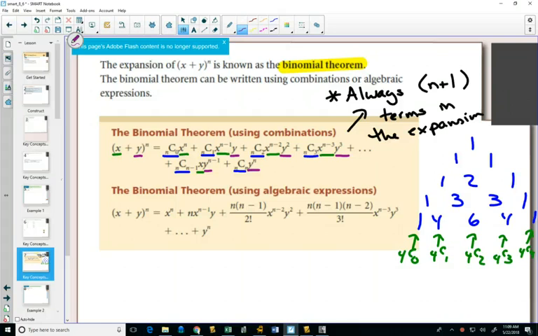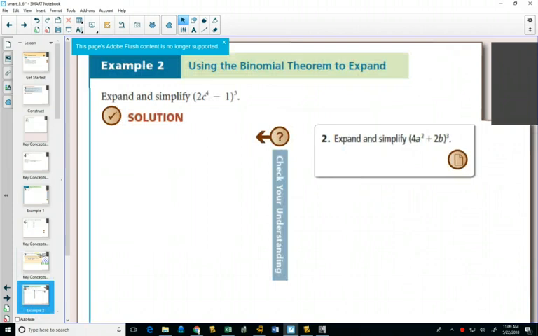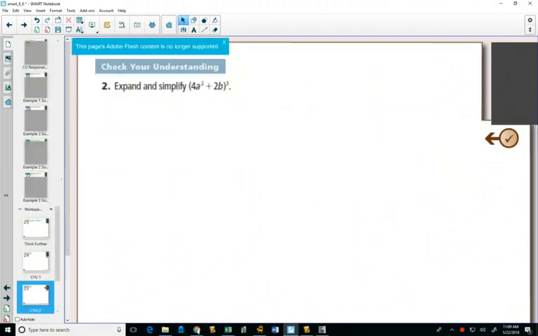So this is how the pattern and Pascal's triangle works. I know that you've been working on the examples already, but we'll do another example together just to see how that works. So here we have: expand and simplify 4a squared plus 2b to the exponent of 3.